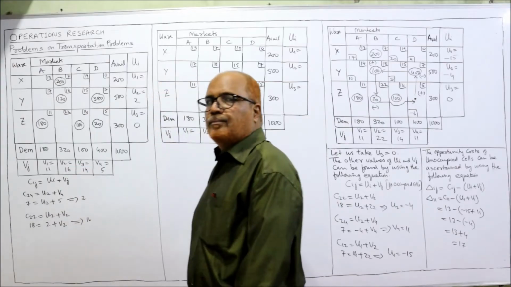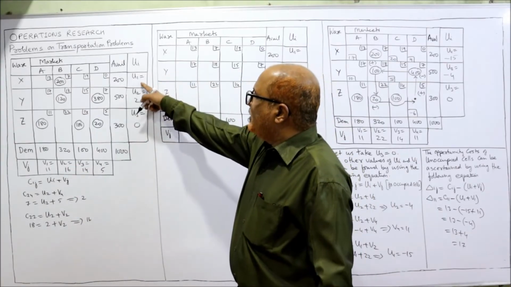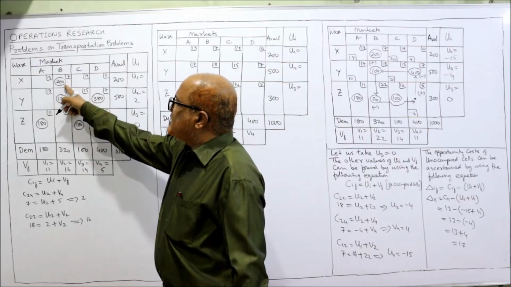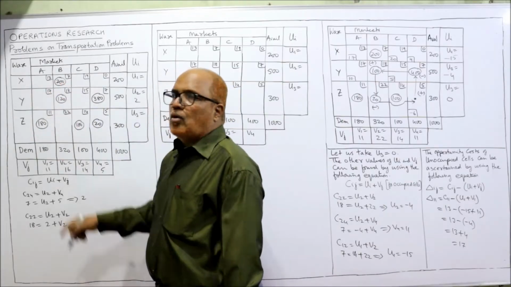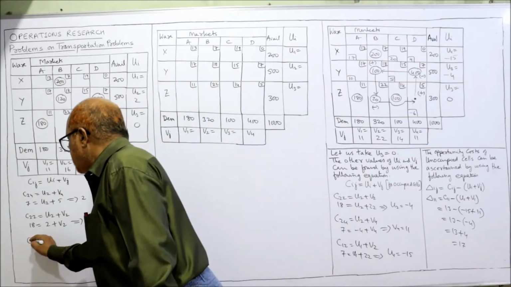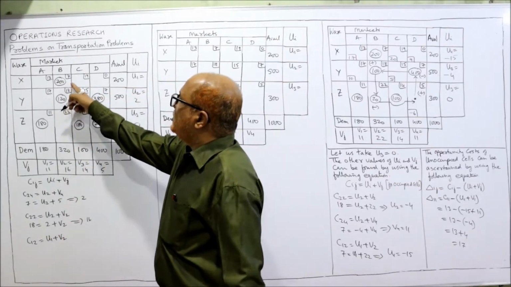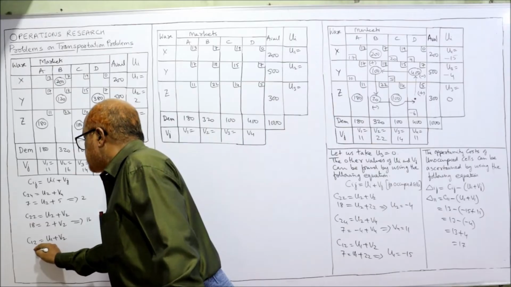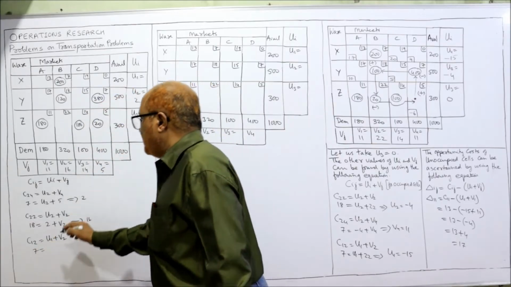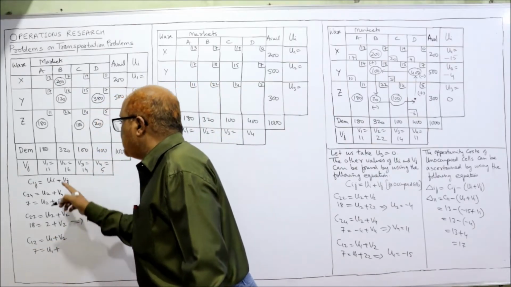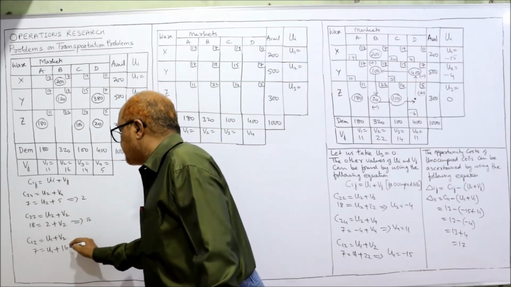Here we got 16. Now finally we want the U1 value. What is the location of this cell? First row, second column, C12. So C12 is equal to U1 plus V2. How much is C12 here? 7. So 7 is equal to U1, we don't have, but V2 we have 16.